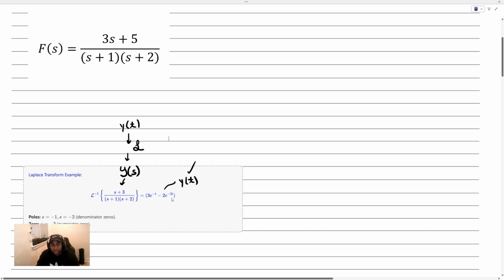But if you have positive poles, it'll be growing. You'll have positive exponentials, and your input-output relationship is one that is constantly growing. You also have zeros, which are also useful. You can tell for what input you'll have zero output. So that's the big picture on Laplace transforms and why we use them.